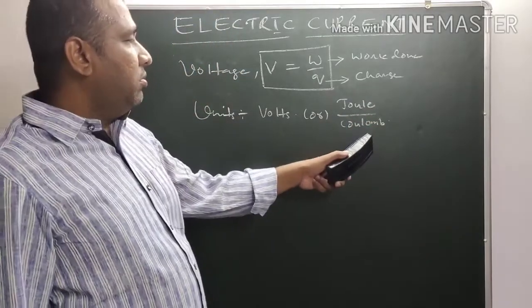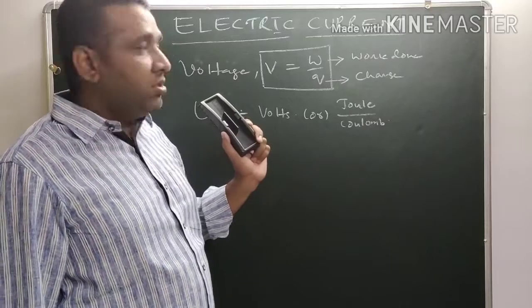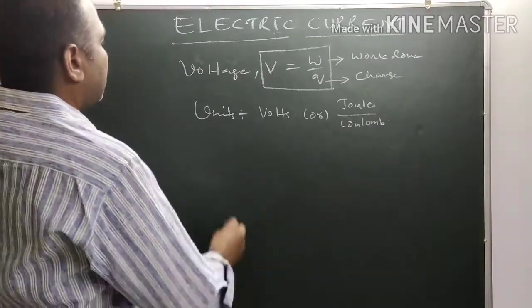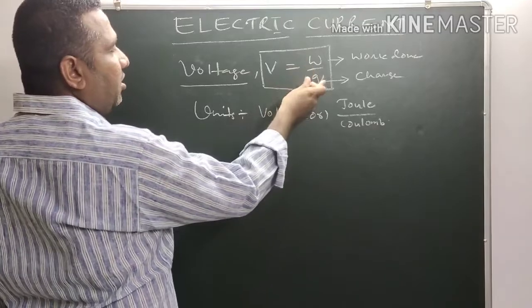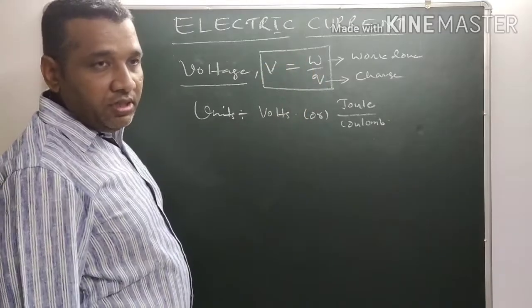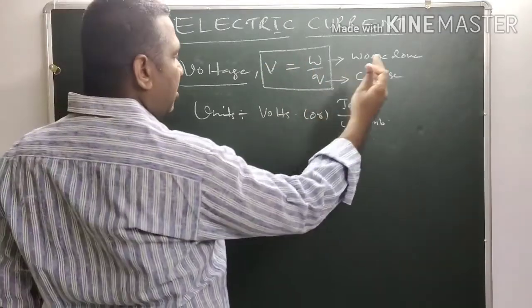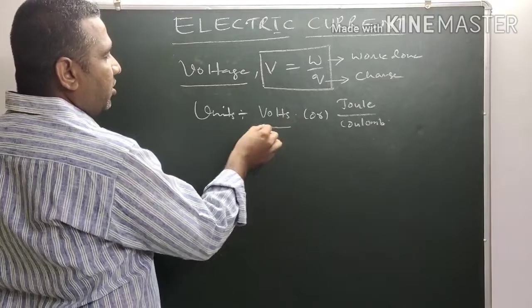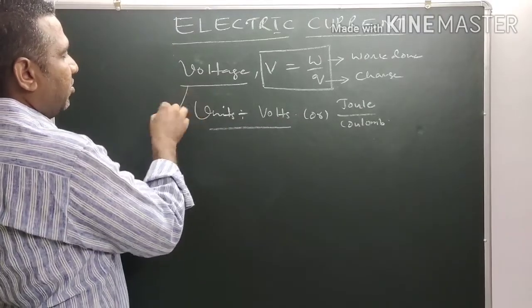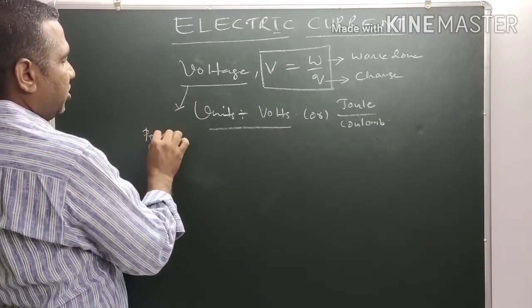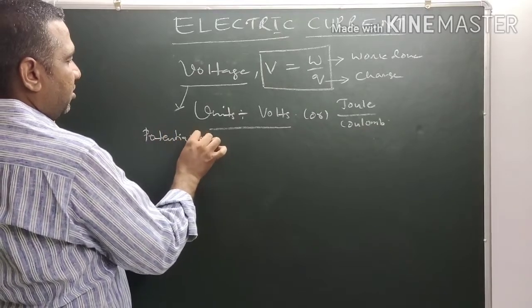Joule per coulomb, or we can say it as volts. So voltage is nothing but the work done in moving the unit charges from one terminal to another terminal. We can also say this voltage as potential difference.